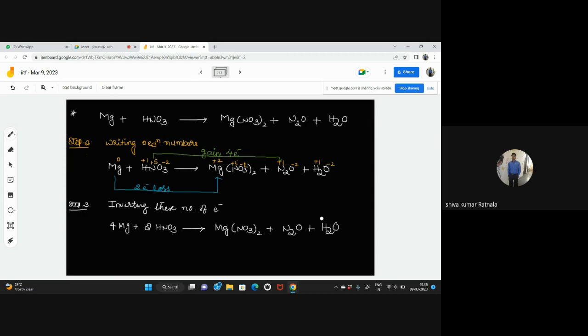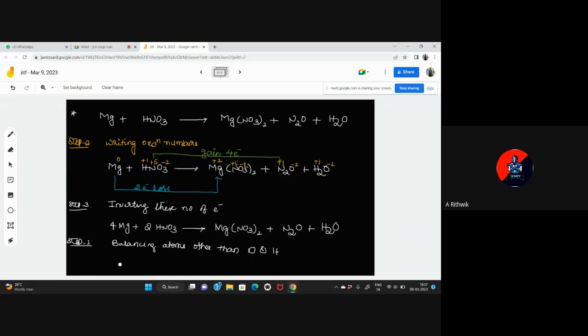Step 3, balancing atoms other than oxygen and hydrogen.